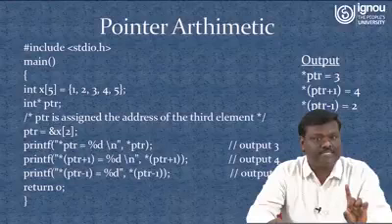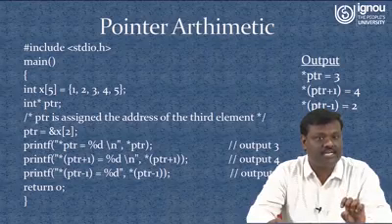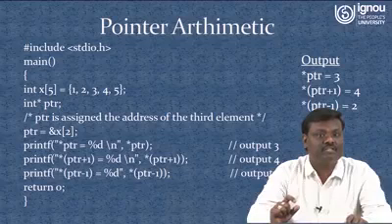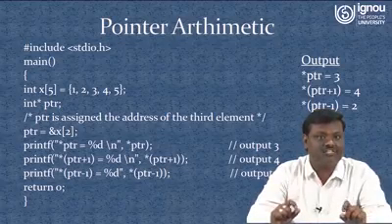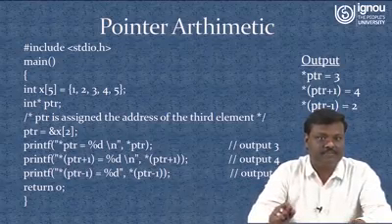So whenever you access star ptr, 3 will be displayed. Why? Star ptr is nothing but you are using the indirection operator, and whatever value is there in x of 2 will be displayed.